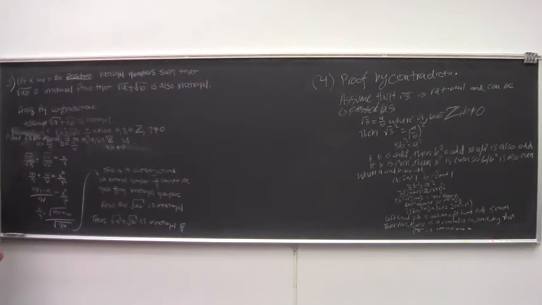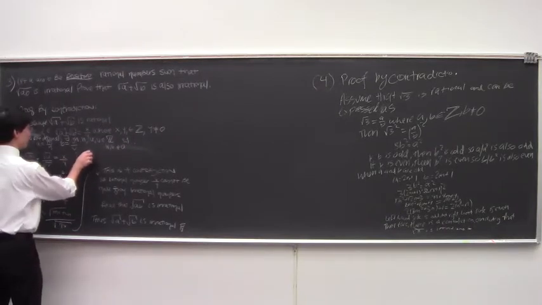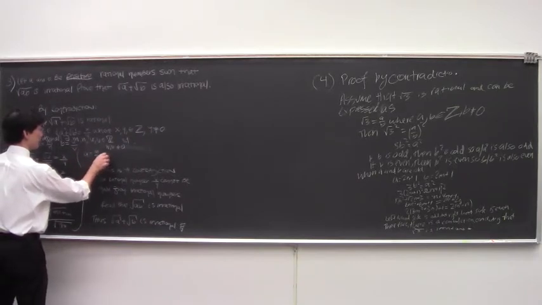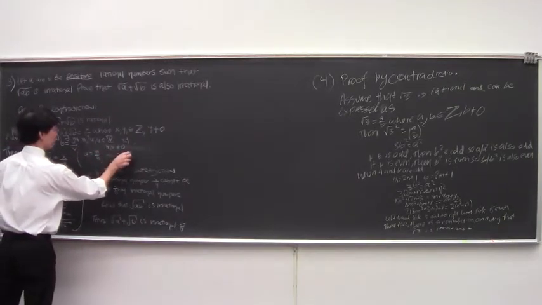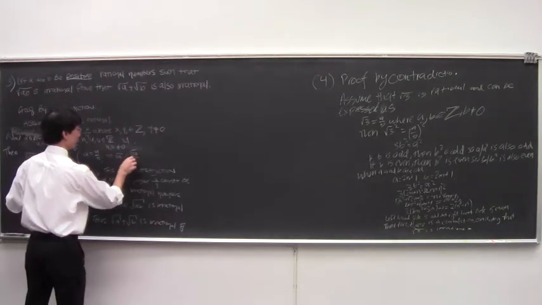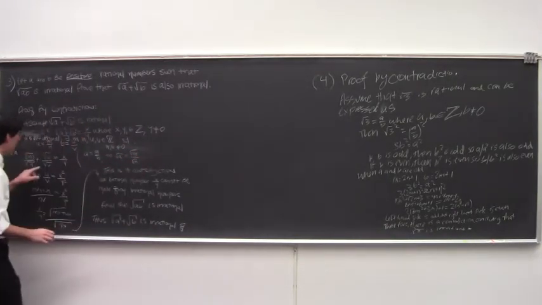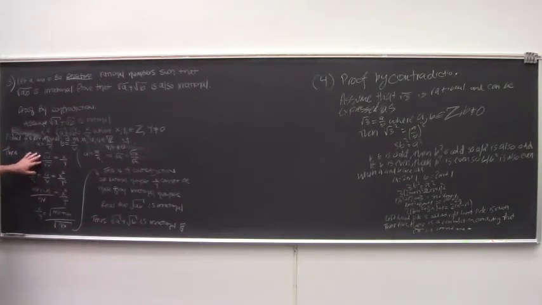So then root a plus root b is this rational number. And a is m over n, so root a is root m over n, and root b is root u over v.